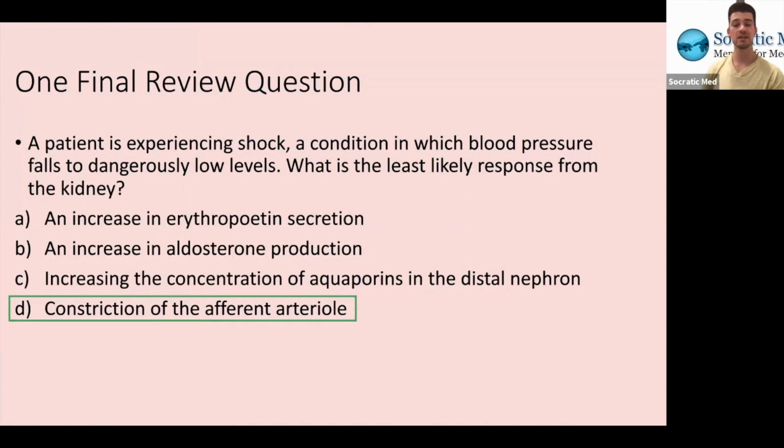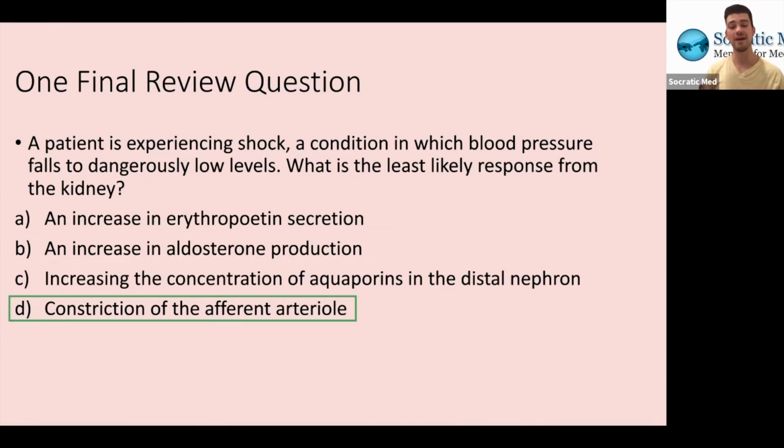So the least likely response would be the constriction of the afferent arteriole. This is not necessarily affecting systemic blood pressure, but we have low blood pressure systemically already. So our GFR, glomerular filtration rate, is going to be very low right now. Your kidneys, acting independently as a kidney, are seeing that this GFR is low, and the kidney is going to try to increase it as much as possible.